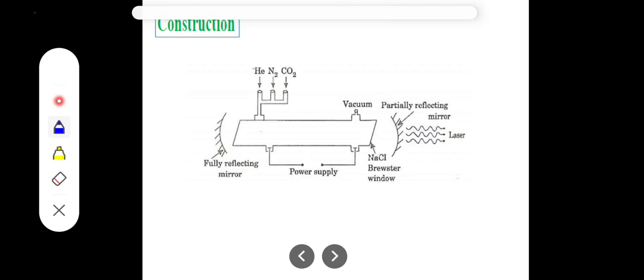This discharge tube is filled with a gas mixture of carbon dioxide, nitrogen and helium with suitable partial pressure values, for example 0.33 and 1.2 millimeters.